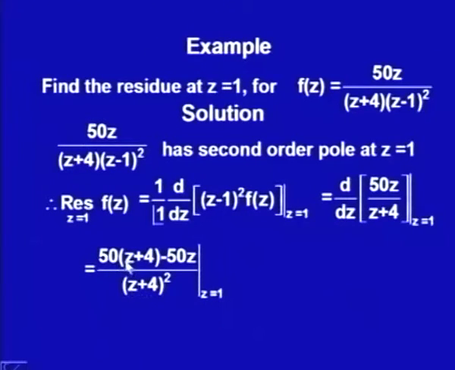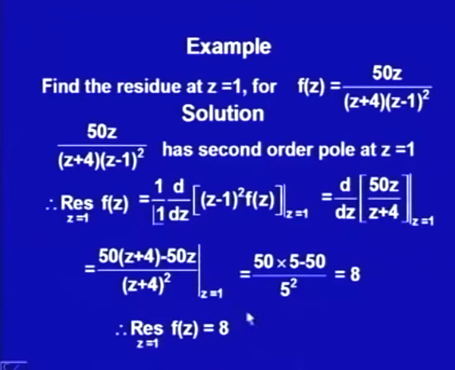When I put z equal to 1, I would get 50 into 5 minus 50, or you could say the 50z terms cancel out, and you get 50 into 4 divided by 5 whole square. That is 25 into 4 divided by 25, and you get 8. So the residue at z equal to 1 is 8.